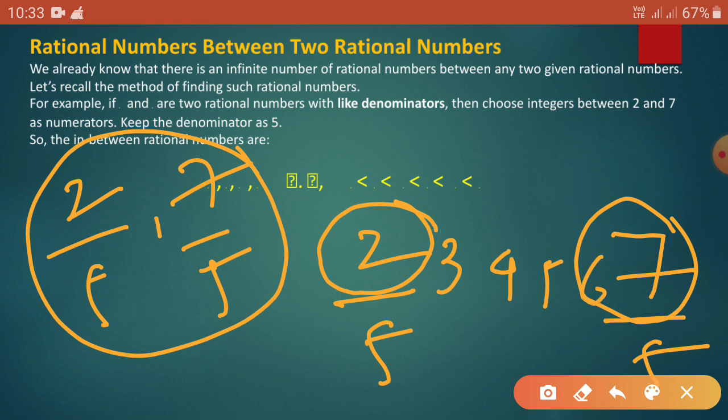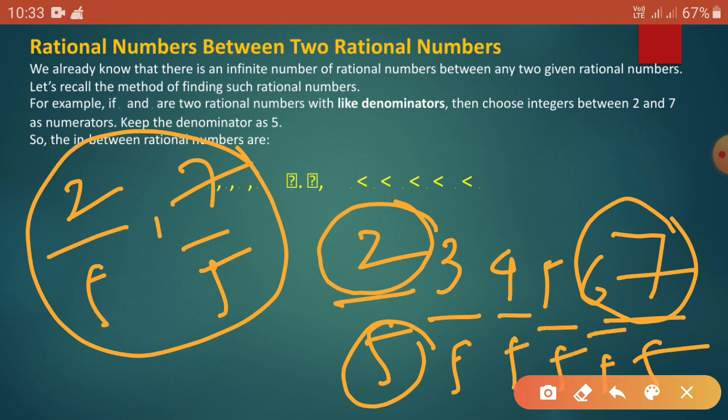And we divide all those numbers using this denominator, as the denominator is 5 for both 2 by 5 and 7 by 5. So we write 3 by 5, 4 by 5, 5 by 5 and 6 by 5.